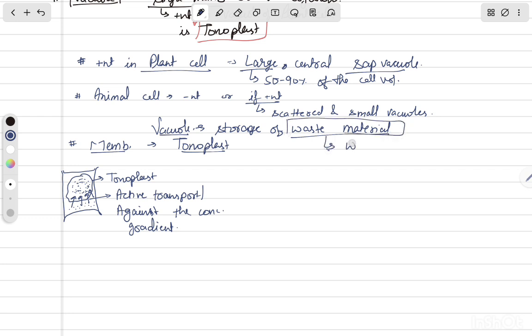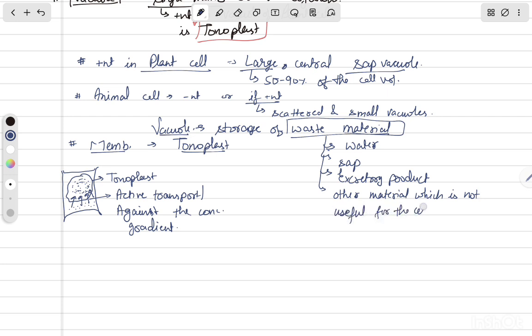It is sap, excretory product, and other material which is not useful for the cell, right?